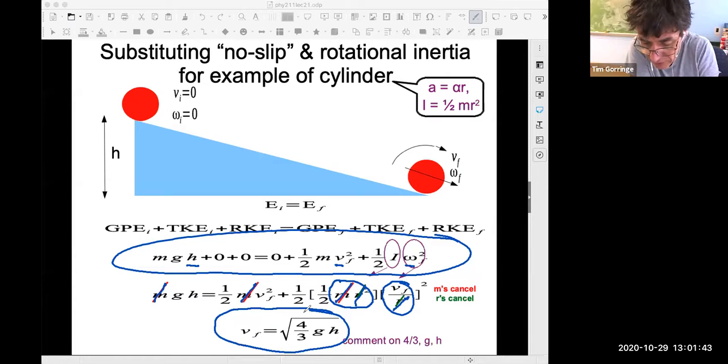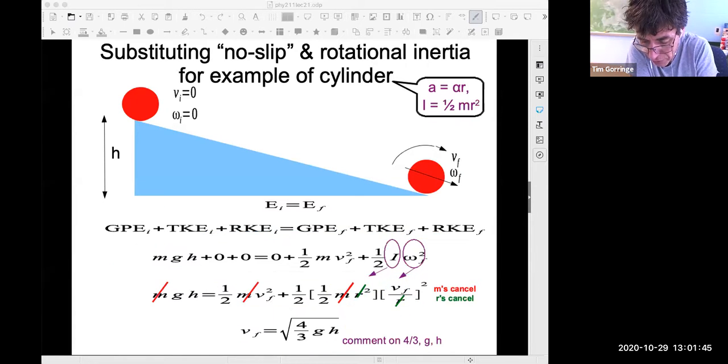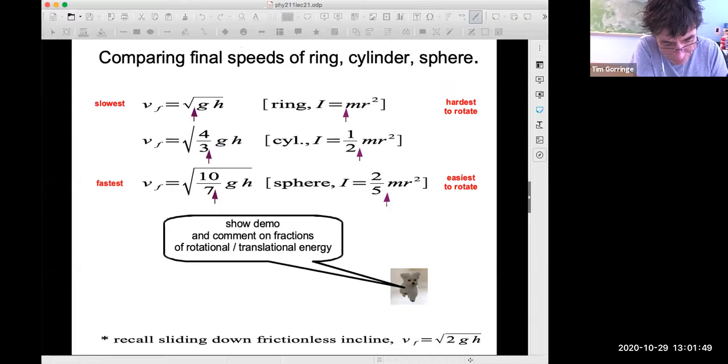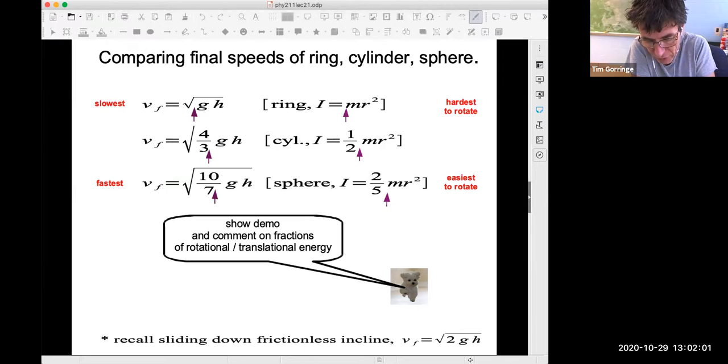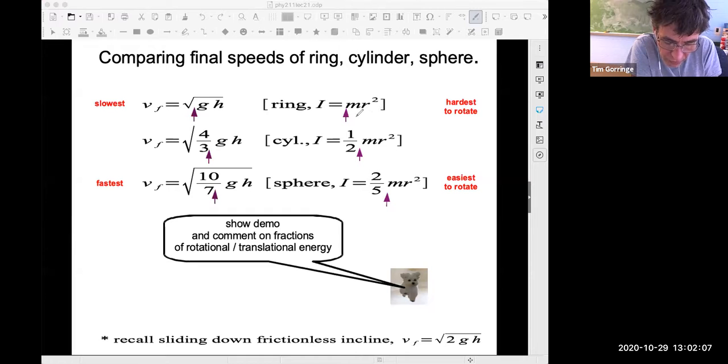So I did the other two cases. I won't go through them here, but I'm going to quote the results for you. Here are the other two cases. So here's the ring, here's the cylinder we just worked out, and here's the sphere. So in fact, all three cases are here. And the only difference in the calculations is when you do the ring, you fill in the ring's moment of inertia.